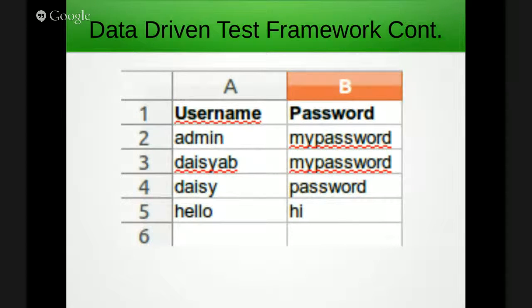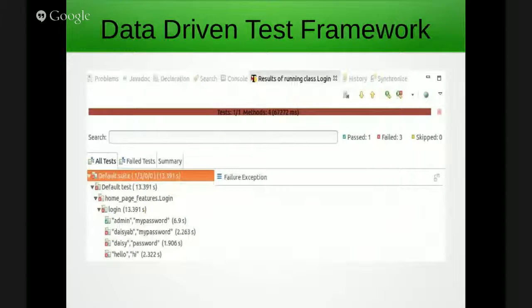This is a screenshot after the execution of the login class. As you can see here, the admin username and the my password username pass the test because they are the real credentials. The others fail because they are not the credentials of logging in the MACC on my local host.